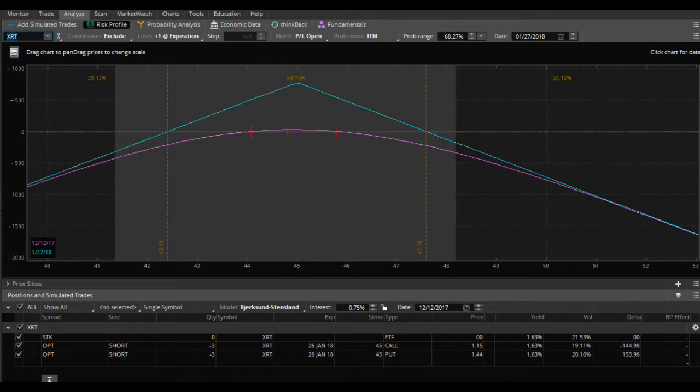Okay, now as you can see, we are in our XRT final part analysis, and so one of the things that we're going to look at is we do have a current probability of profit at 54.76%. With management and early management, that number is actually significantly higher. You can see our break evens at 42.41 and 47.59, and so we have really nice wide break evens here.